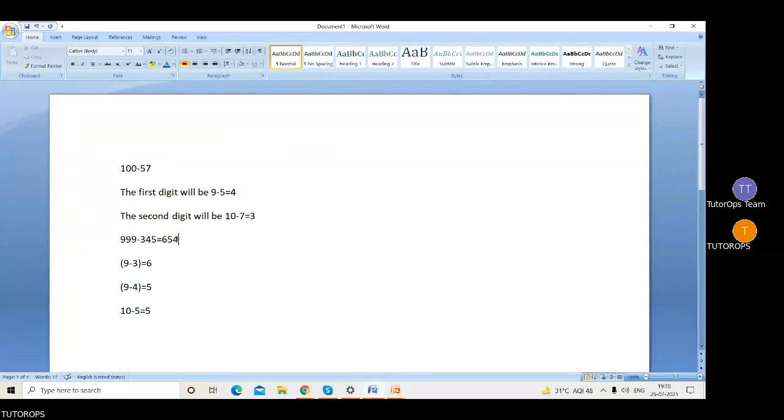In this method, the digit at the hundreds place subtracted from 9 gives us 6, and the middle digit subtracted from 9 gives us 5, but the last digit is not subtracted from 10. It is also subtracted from 9. So we can't use the previously mentioned method in such cases. So remember that.